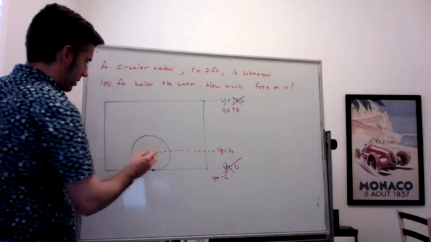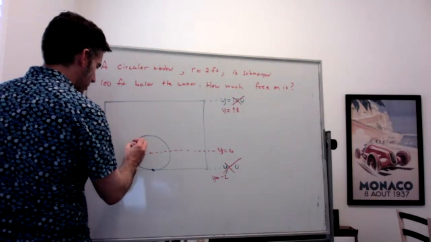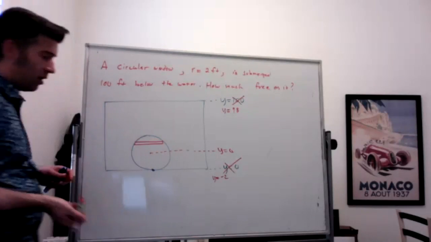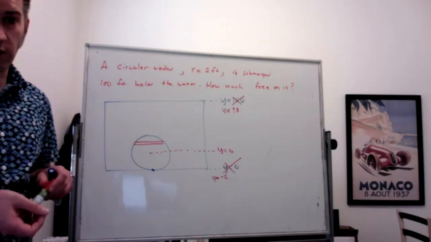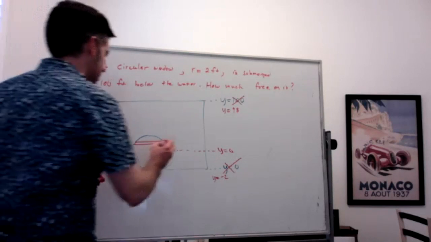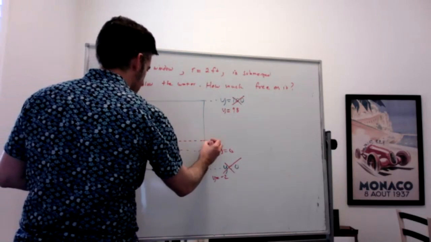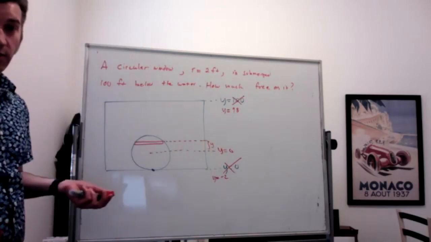So let's say we have a strip right here. Now I know what's the fluid force on that strip. Let's say that strip is at a height of y, above y equals 0.